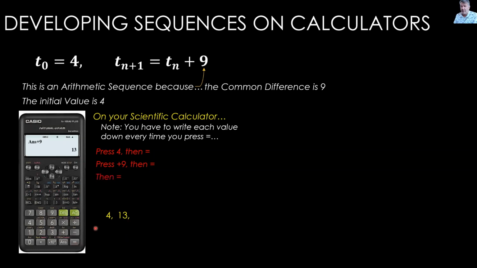You just press equals, and it changes to 22. Write it down. Press the equals again. It changes to 31. And so on. And keep writing down your numbers. So you just have to keep pressing equals after that. So you initialize it with the 4. You go +9. And after that, it's equals, equals, equals. But write them down.